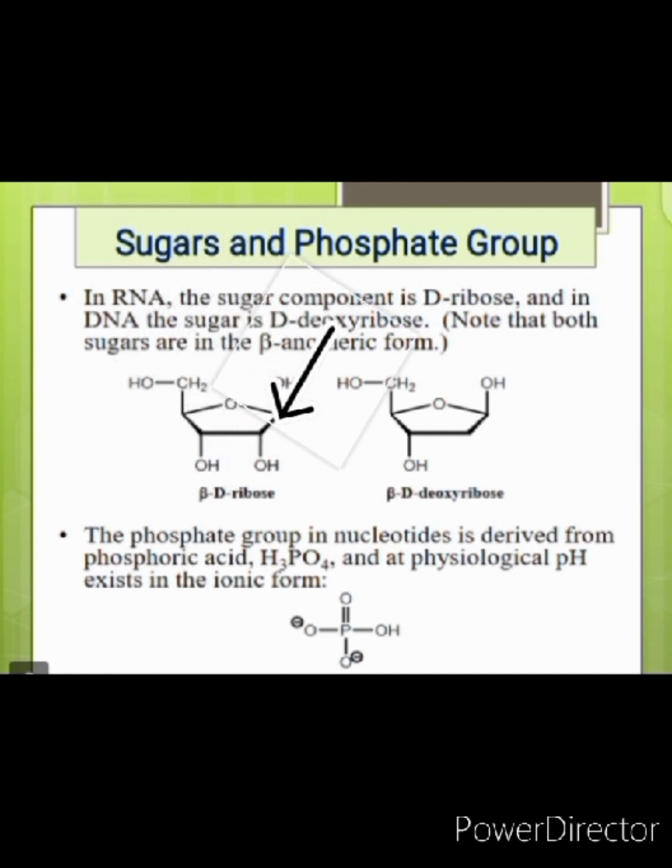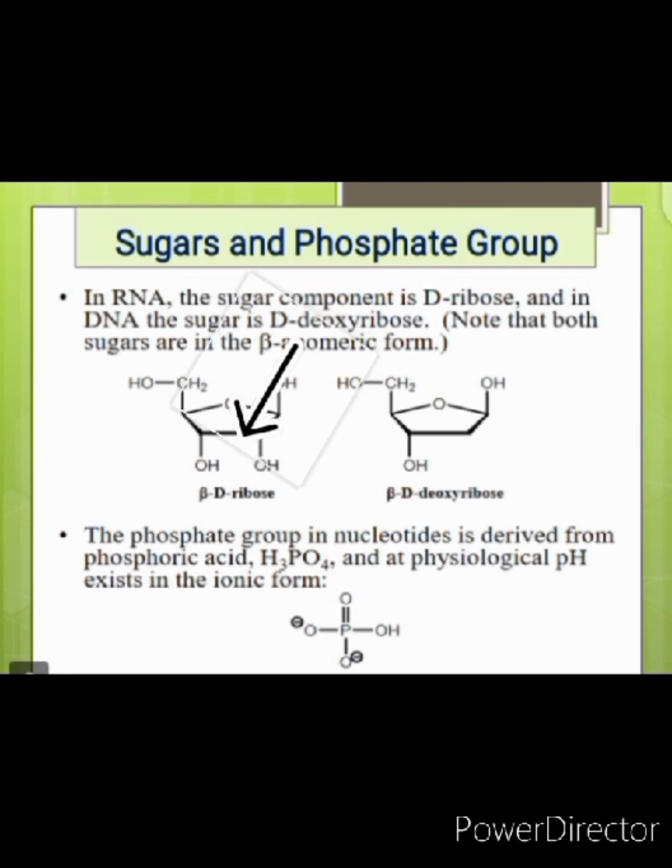At carbon 1, the nitrogenous base will stick: A, T, G, C, or the adenine, thymine, guanine, and cytosine. Carbon 2 has no oxygen, that's why we call it deoxyribose instead of oxyribose. Deoxyribose means no oxygen, only hydrogen.